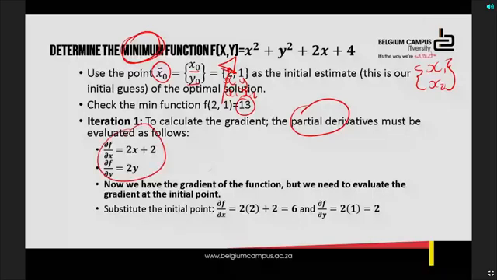Now we actually have the gradient of the function, and we need to take this point and evaluate the actual gradient, meaning what direction can you move from this specific point. So you have your gradient for your function, and you want to check at that point what's the gradient for that specific coordinate.